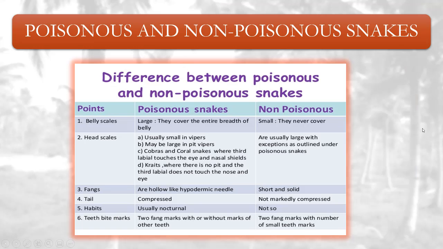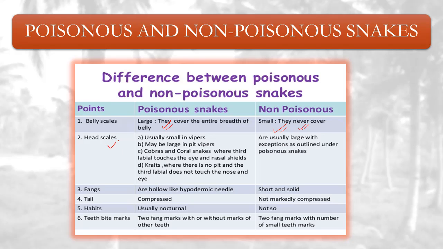Here you can understand the belly scales. In poisonous snakes, they are very large and cover the entire breadth of the snake belly. In non-poisonous snakes, they are small and never cover it.